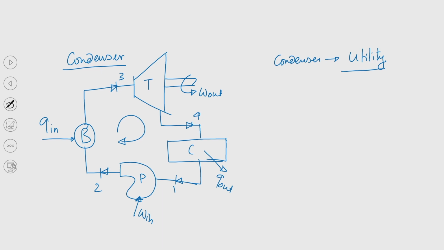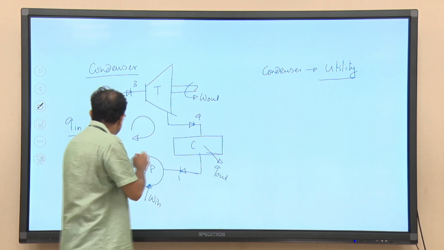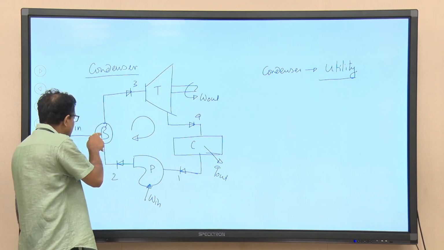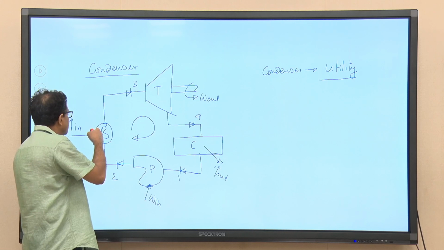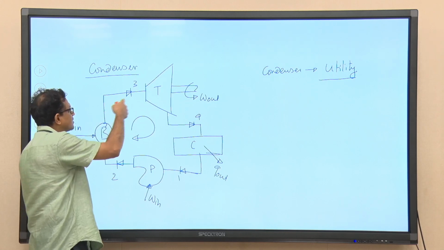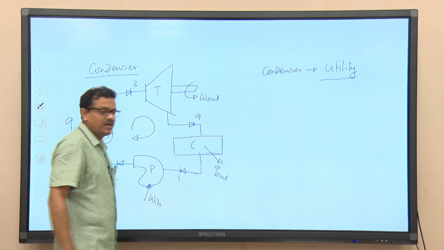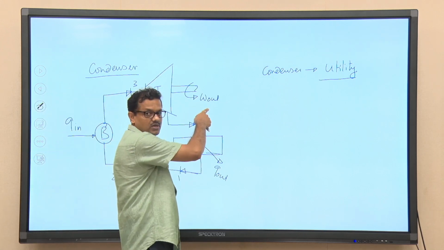If we look at this diagram, we can see that this condenser is an important component for this cycle. Now, what is the need of condenser? We are supplying heat into the boiler, and upon receiving heat water is getting converted into steam, and that steam is allowed to expand in the turbine, and from there we are getting work output.